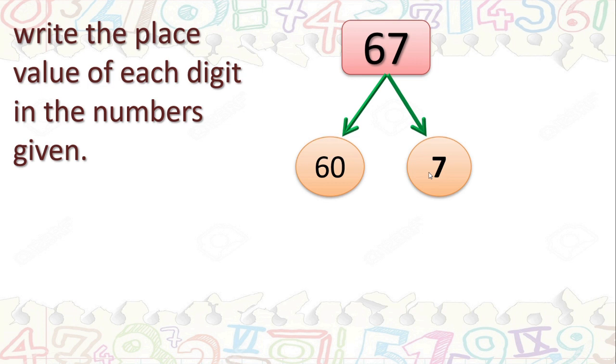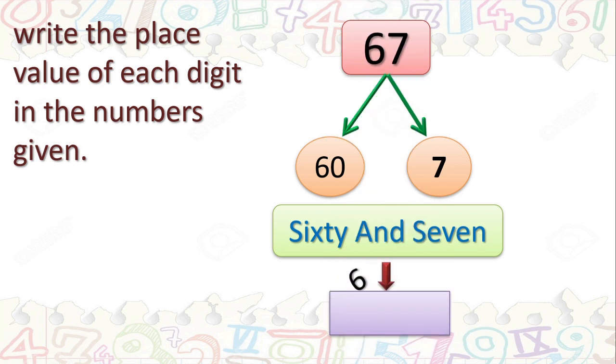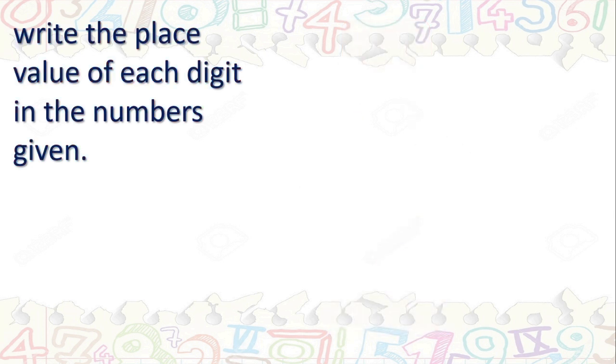Now the same thing we will write in words, that is 60 and 7, that is nothing but 60 plus 7, right? Next number, 55, double 5.